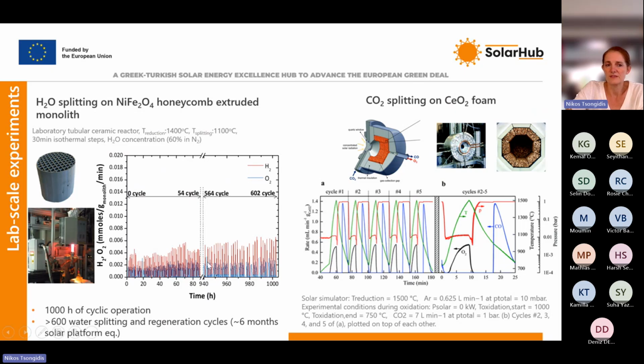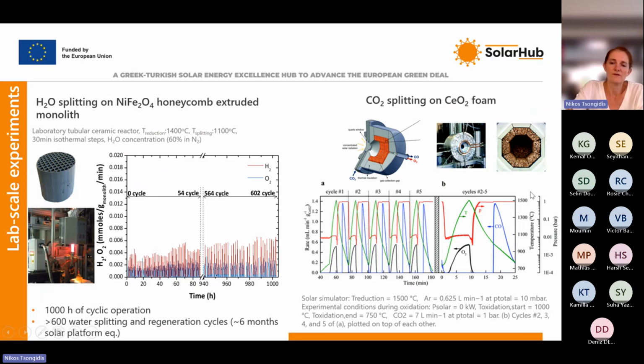On the left, there is the evaluation of honeycomb structures consisting entirely of nickel ferrite that has been assessed during 600 cycles of water splitting and thermal reduction, mainly to evaluate its durability under stress for long-term thermal reduction and long-term exposure under oxidizing and reducing conditions and high temperature.